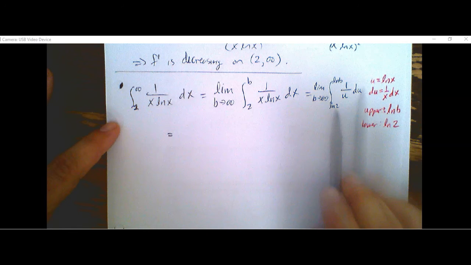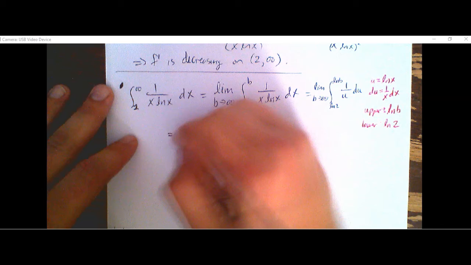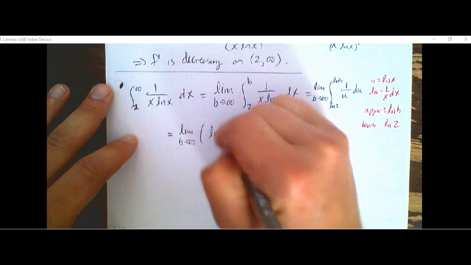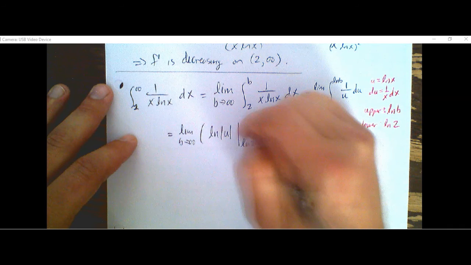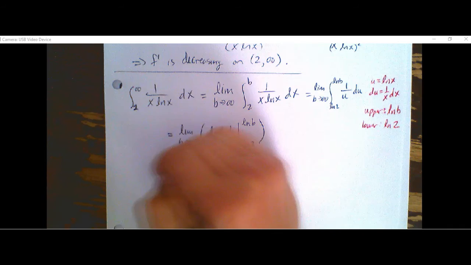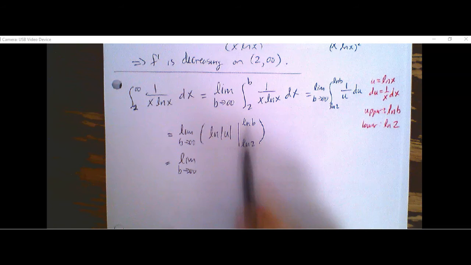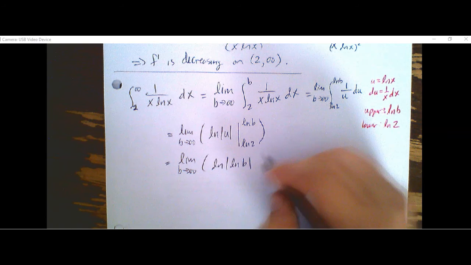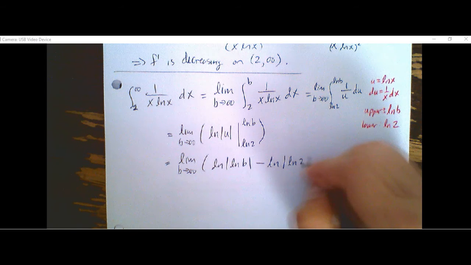Anti-differentiating, the antiderivative of 1 over u is the natural log of absolute u. Limit as b goes to infinity of the natural log of absolute u from natural log of 2 to natural log of b. Using the fundamental theorem, we get natural log of absolute natural log of b minus natural log of the natural log of 2.